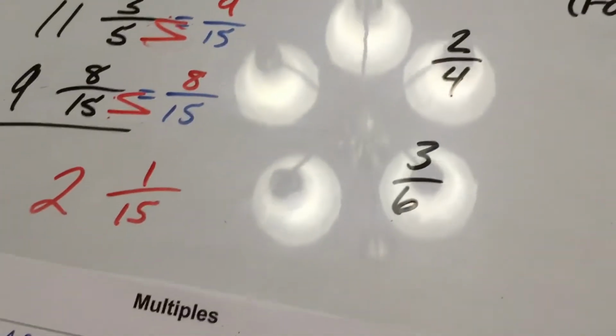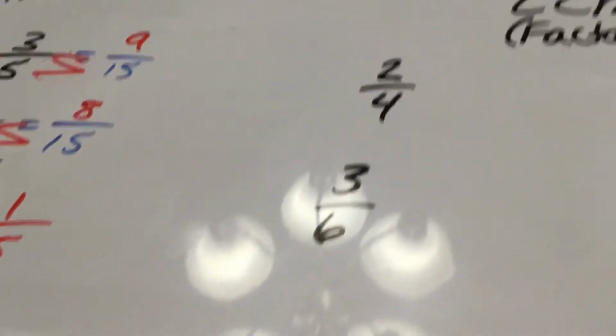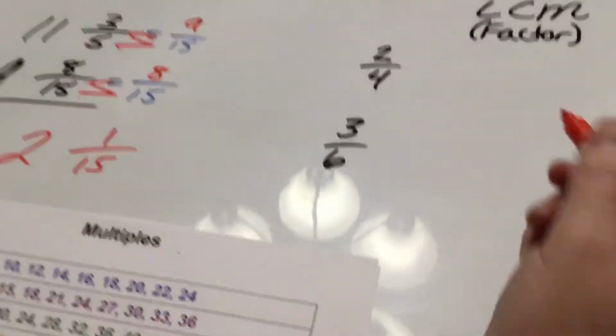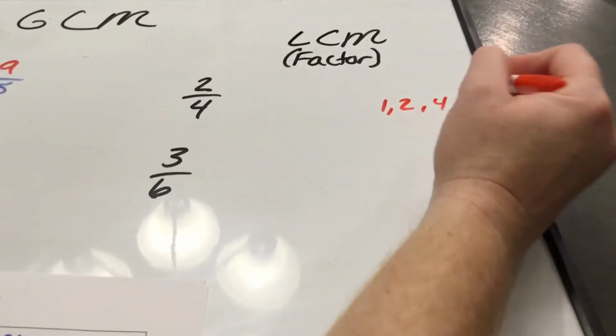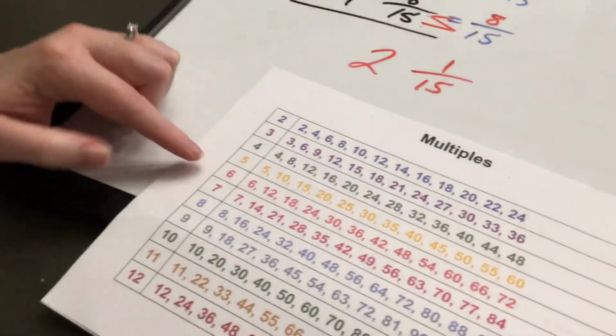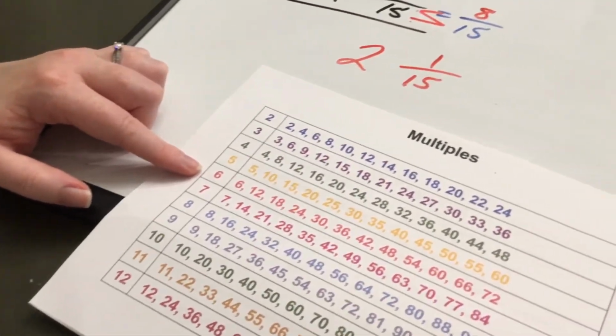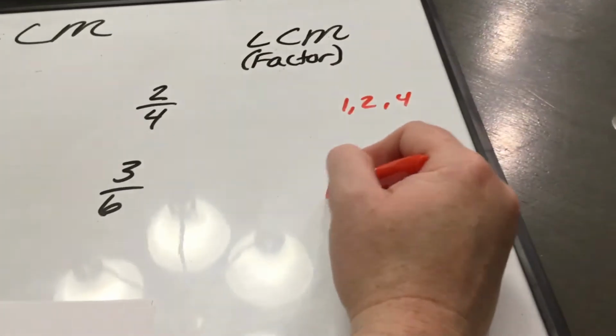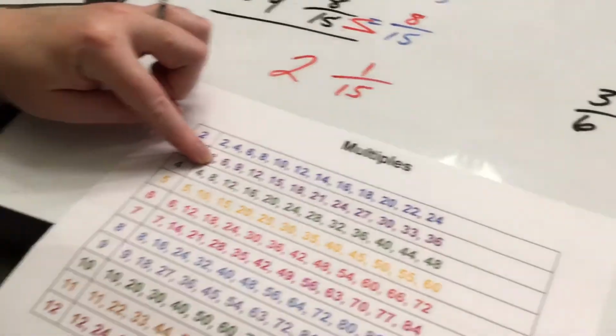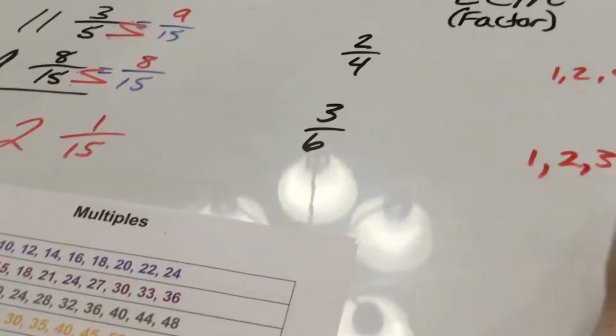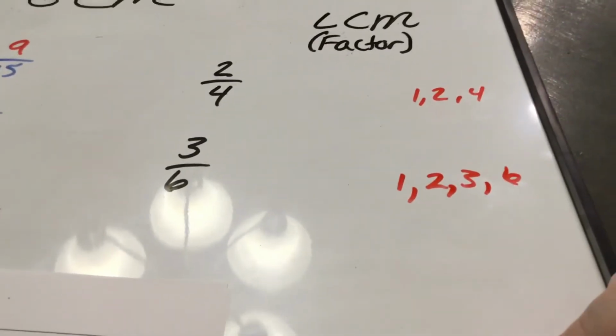Okay, now let's do the factors of 4, which is going to be 1, 2, and 4. 6 has 1, 2, 3, and 6.